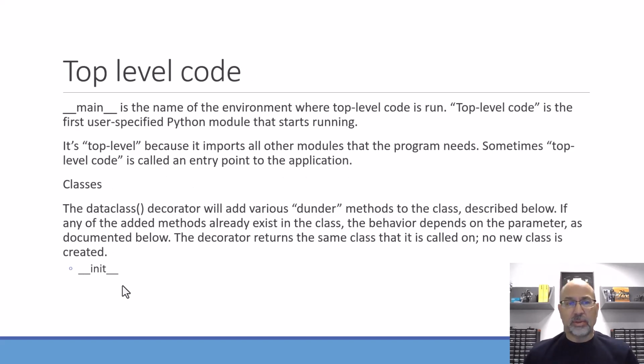So, top level: Dunder main is the name of the environment where the top level code is run. I'll show you exactly what that means in a second. That's the user-defined Python program or module that starts running, the one that calls everybody else. In classes, we have the data class structure or the class type, and there are lots and lots of Dunder methods in a particular class that you might create.